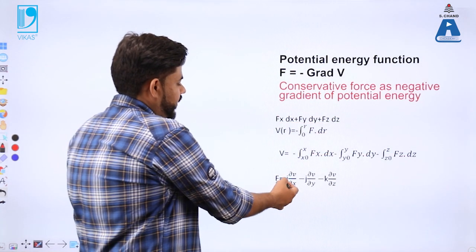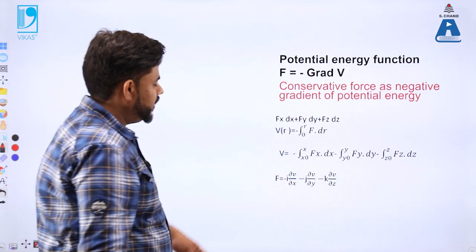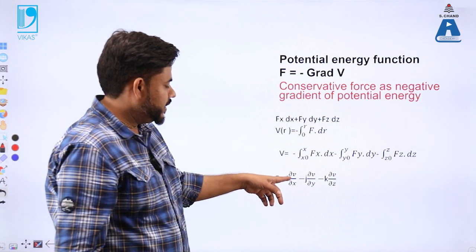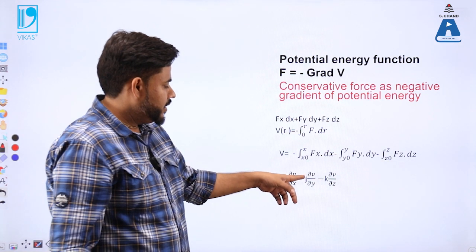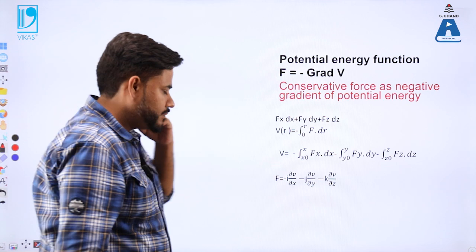If I differentiate it, or if I get the formula for F, I will have this minus i dV by dx, minus j dV by dy and minus k dV by dz.